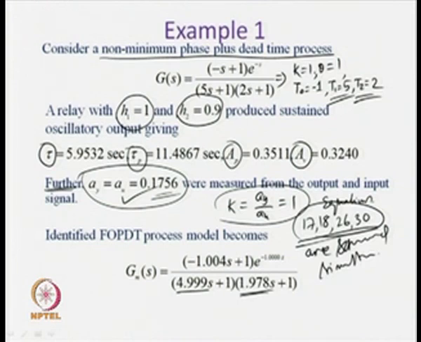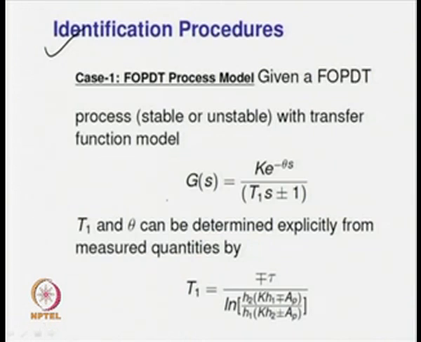Be careful, but when we have a simple model like this, let us go for finding simpler expressions that can be used for finding the parameters of simple transfer functions. Now, consider a first order plus dead time transfer function model given as k e to the power minus theta s upon T 1 s plus 1.